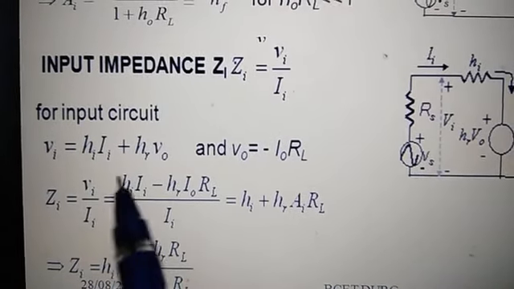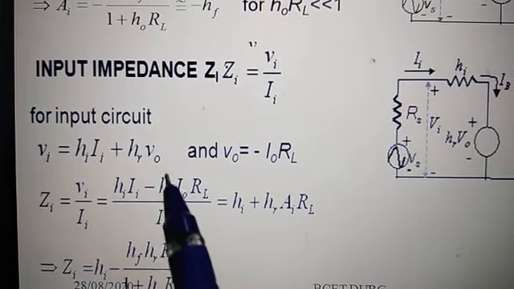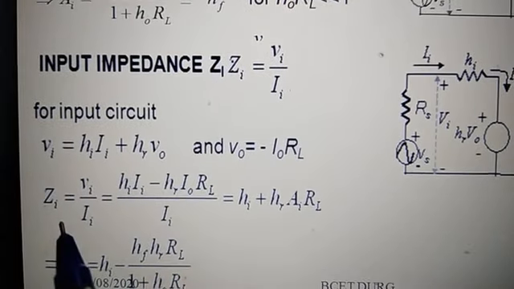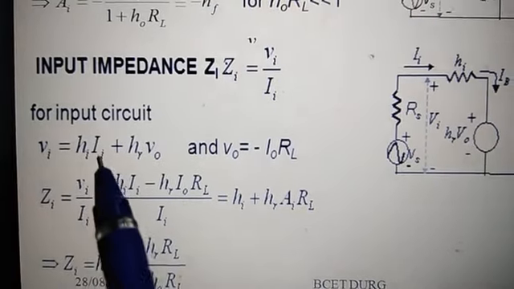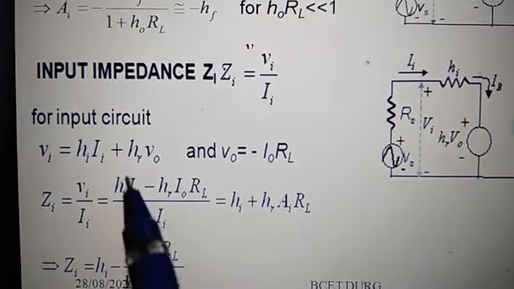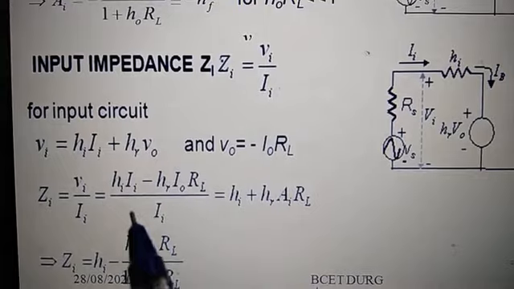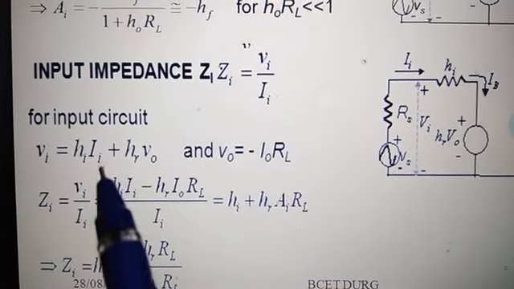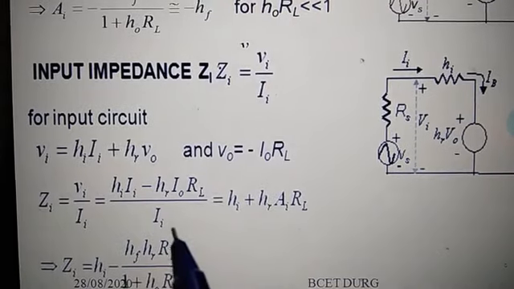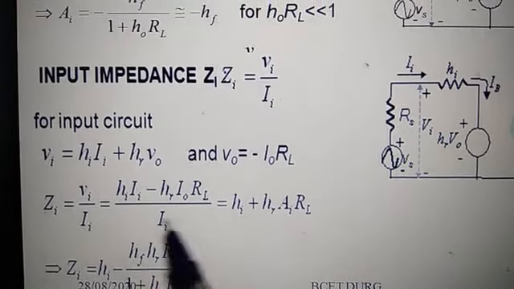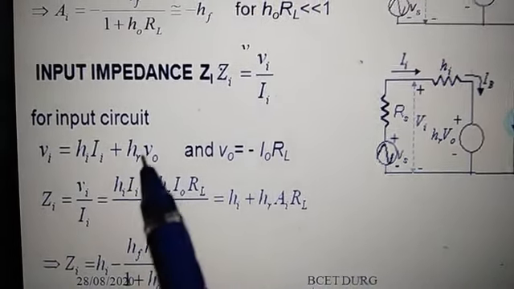So ZI, and you calculate ZI is equal to VI upon II. So this VI upon II is equal to, here you will get HI into II minus HR into I0 into RL, upon II.